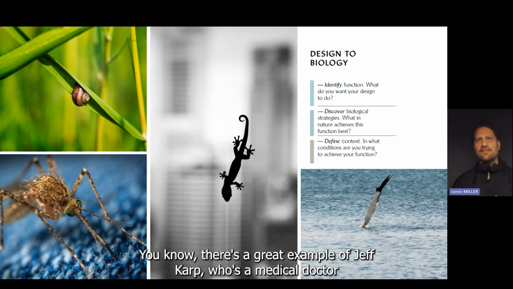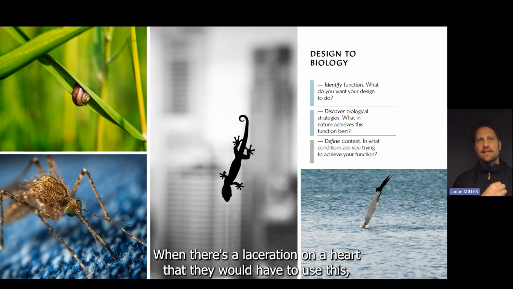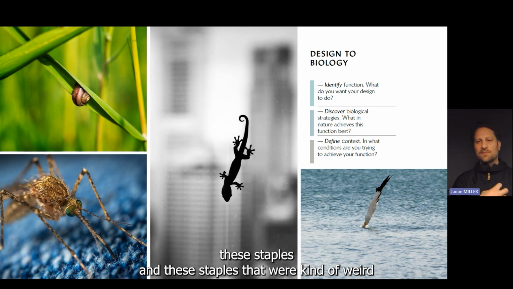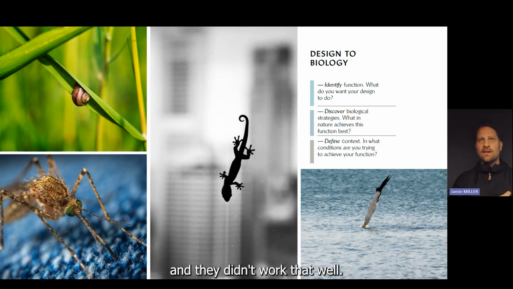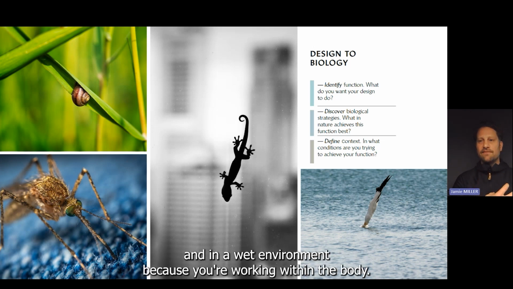There's a great example of Jeff Karp, who's a medical doctor, who made an adhesive for a heart stent. When there's a laceration on a heart, they would have to use these staples, and these staples were kind of weird and they didn't work that well. So he looked for an adhesive that worked in a dynamic environment because your heart is beating, and in a wet environment because you're working within the body.